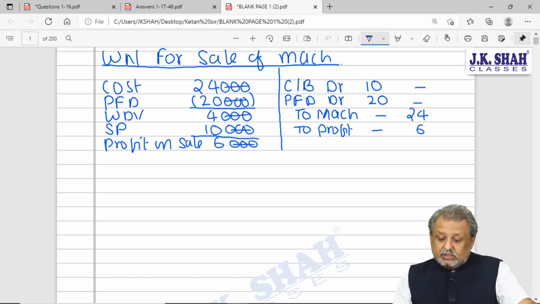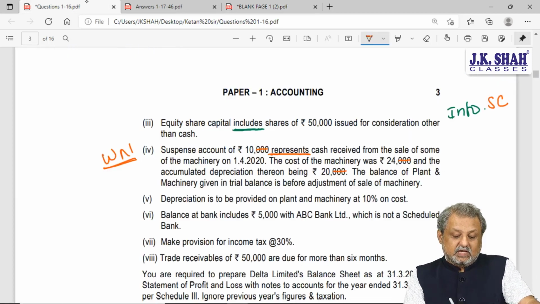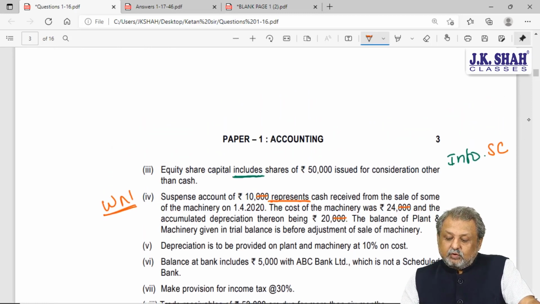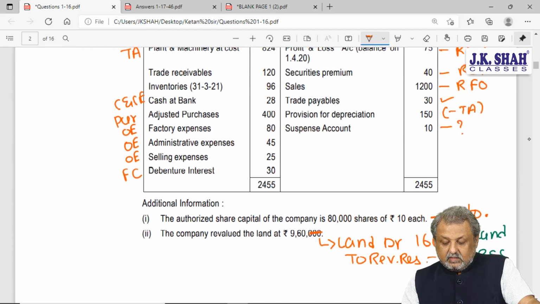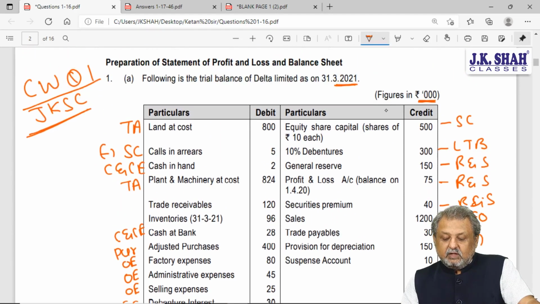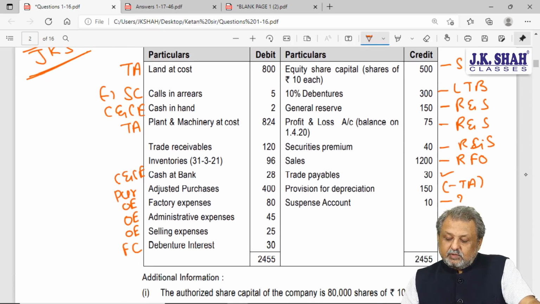Now this asset was sold. Look at the wordings: on 1/4/20. 1/4/20 is the beginning of the year. So at the beginning of the year we have sold the asset. Our year is ending on 31st March and the asset is sold on 1st April.